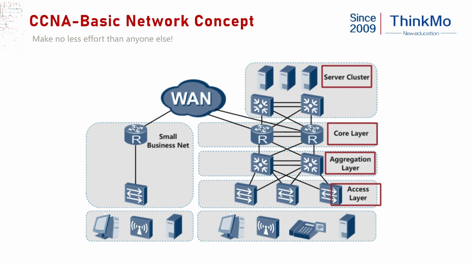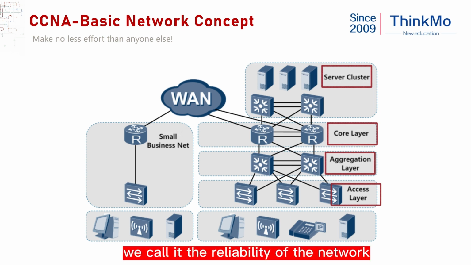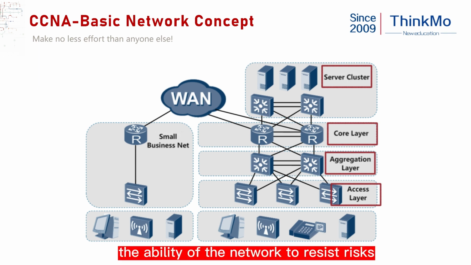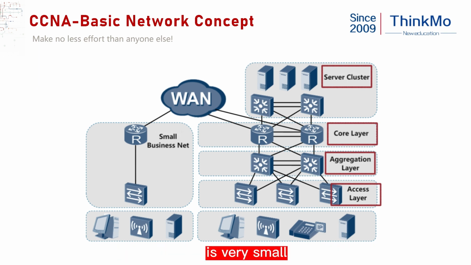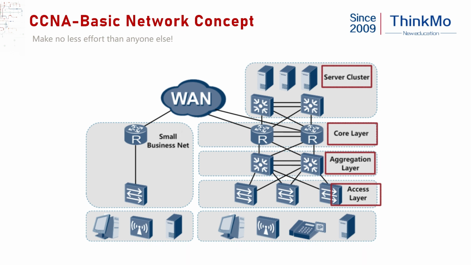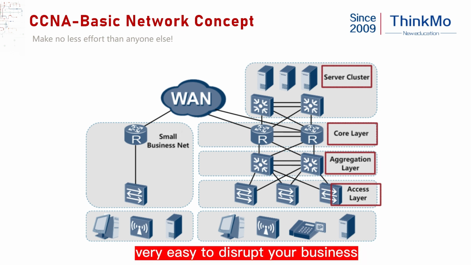Right. This is what we say: in fact, it has relatively low reliability. We call it the reliability of the network, that is, the network's ability to resist risks is very small. In the event of a failure in the network, it is very easy to disrupt your business.